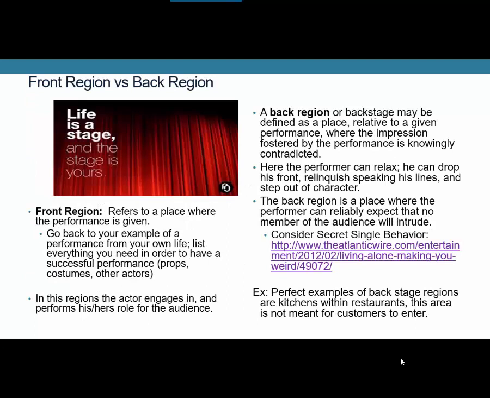And so this front region is the place where the performance is given. So if you go back to that list you created in video 1, right, of your statuses and social roles, think about what you would need in order to do a successful role performance for one of them.